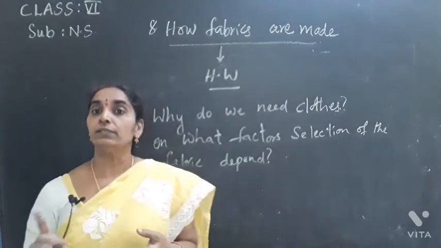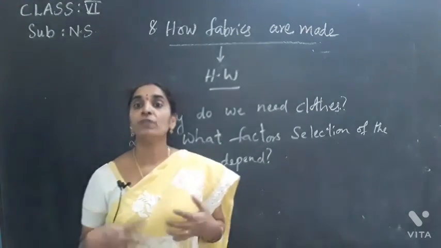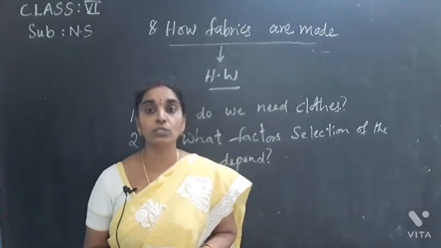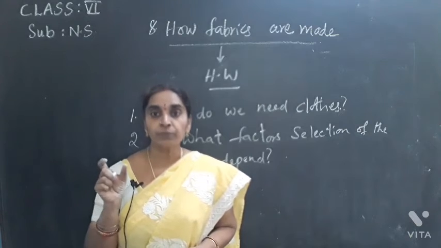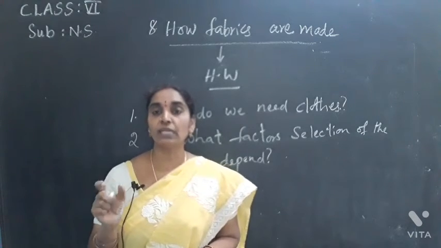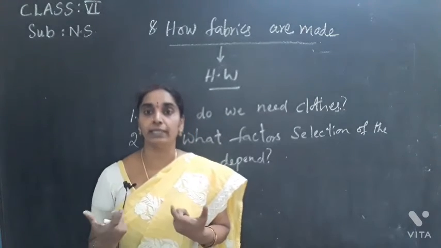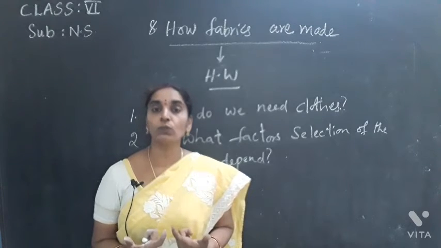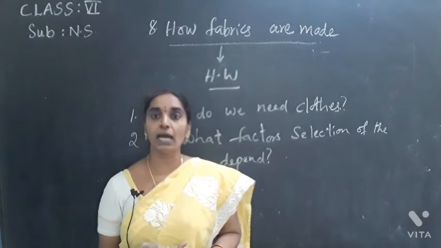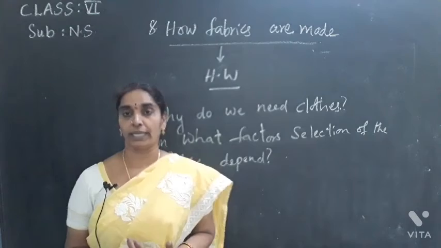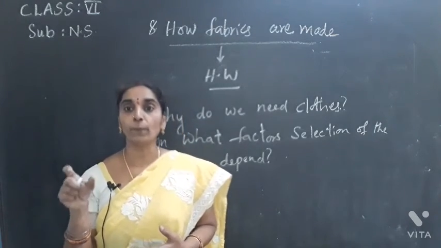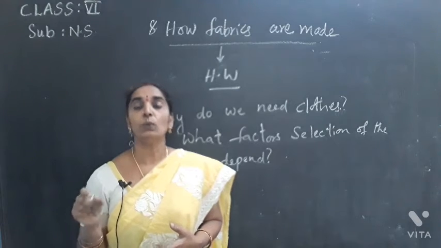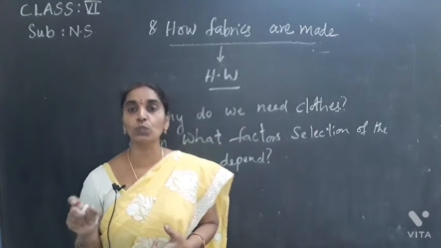And next, some clothes ought to be washed regularly and some clothes ought to be given for dry wash. So depending upon the washable capacity of that particular cloth and the person's need, clothes are selected when they are brought from the market. They are also asked about the properties of the fibers, like whether the clothes shrink soon or not.